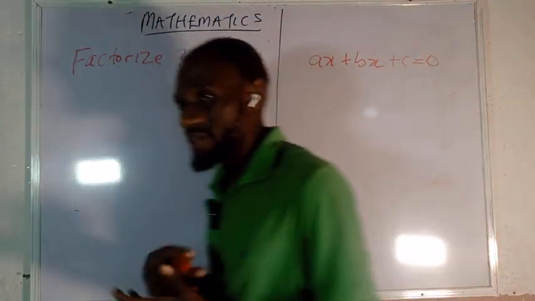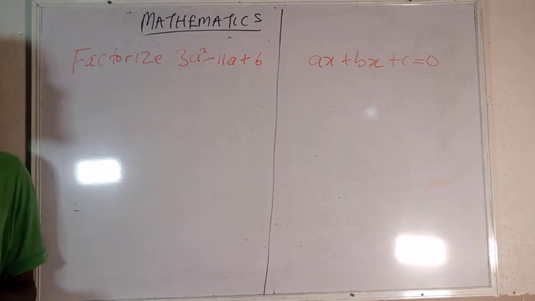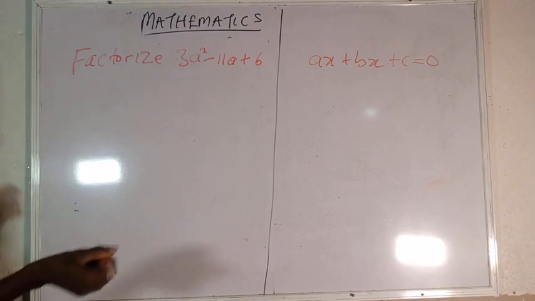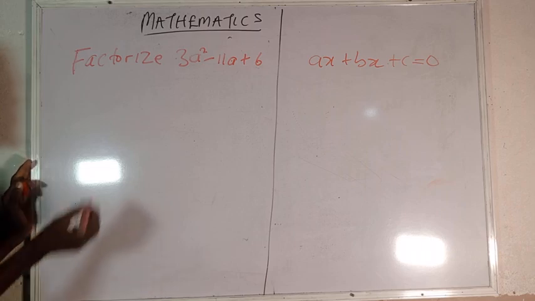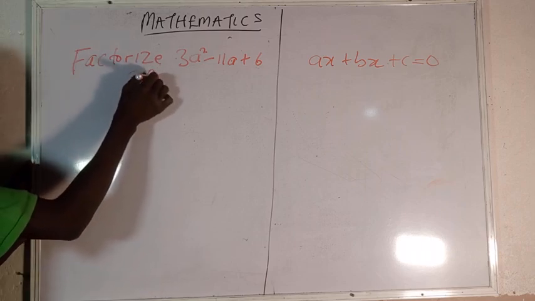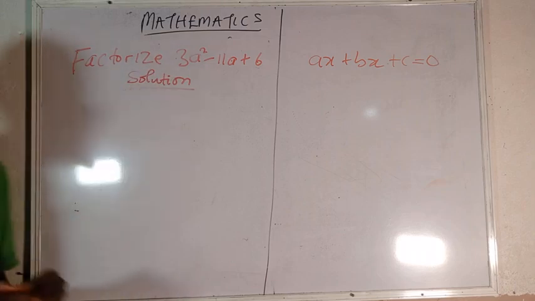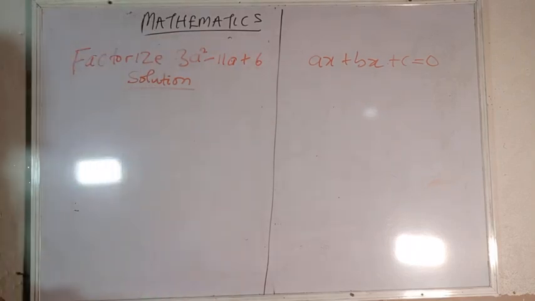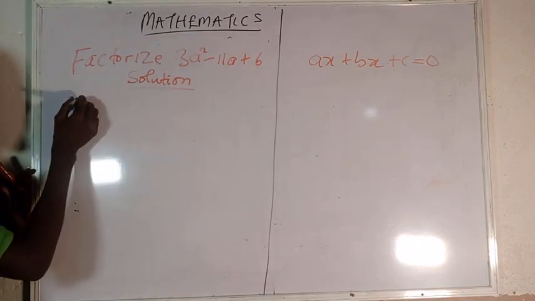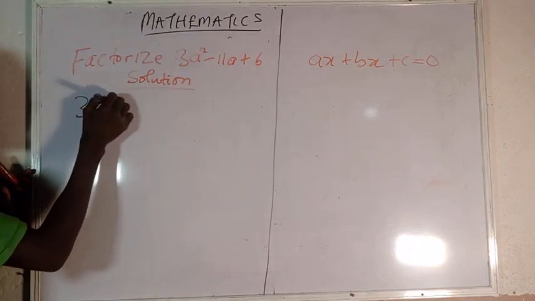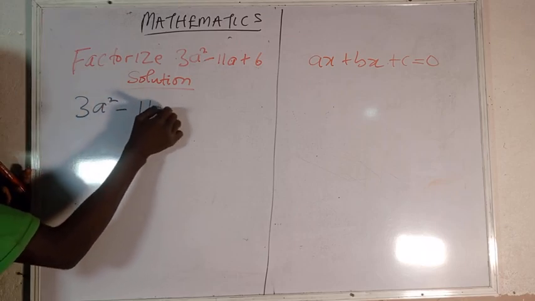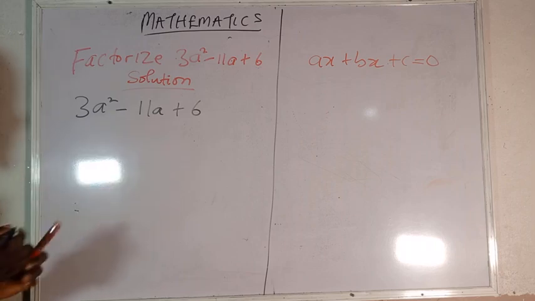Remember, if you are asked to factorize this equation, you're supposed to know where a, b and c are. Let's write the solution. You have the solution like this, then we can rewrite the equation: 3a² - 11a + 6.